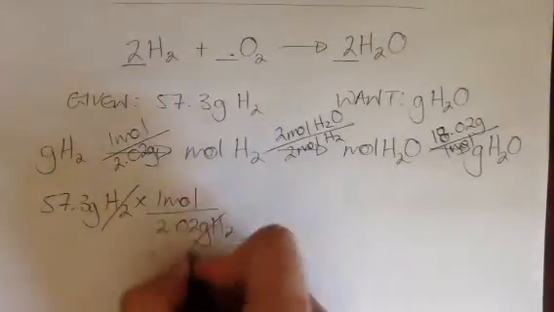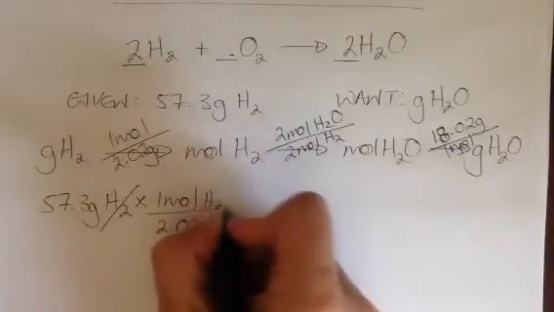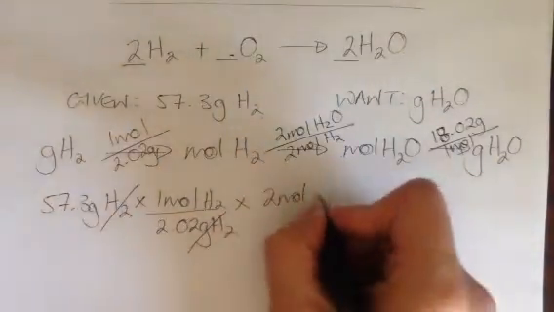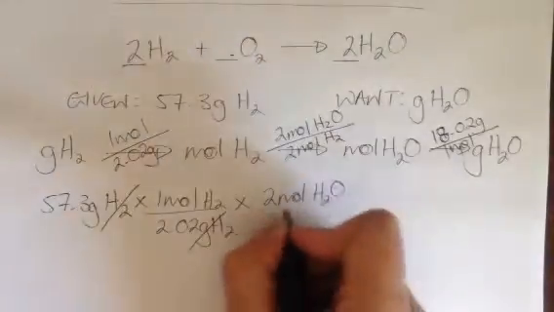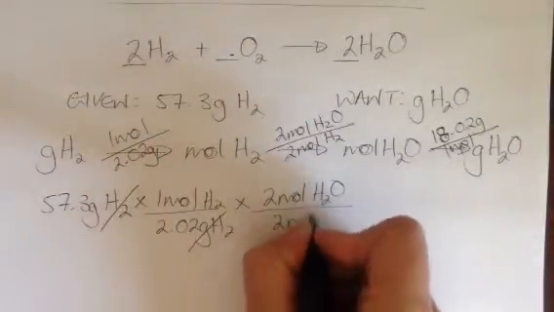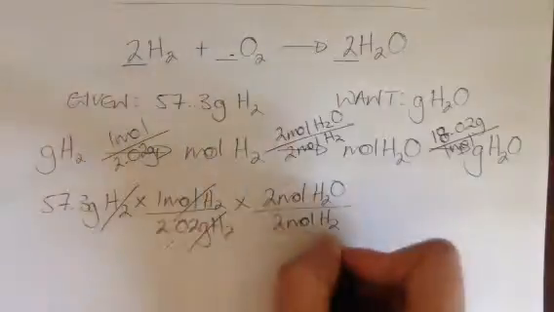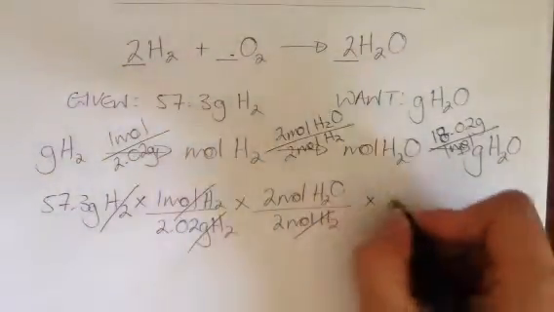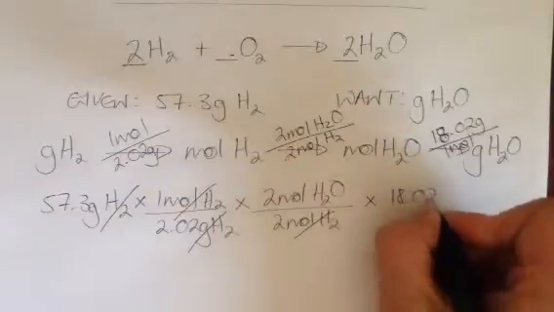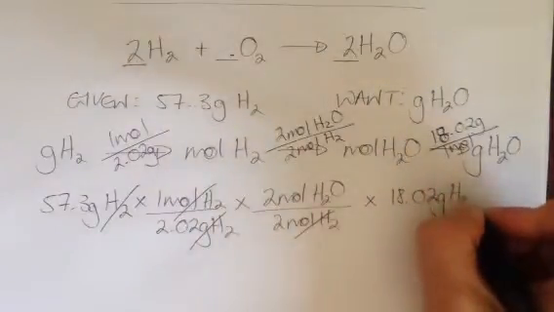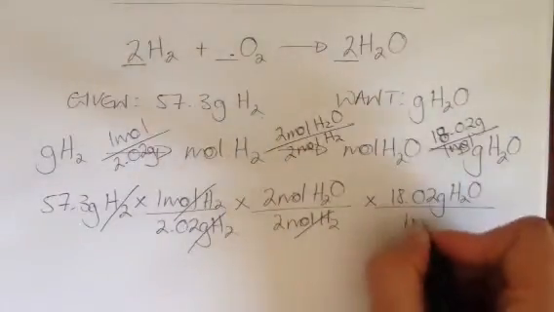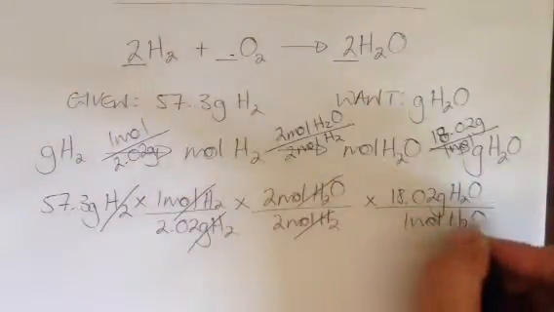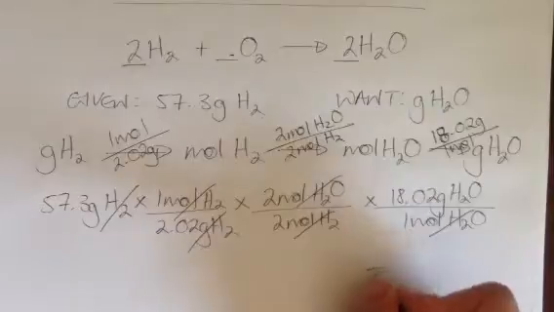So grams of hydrogen cancel, and we're left with moles of hydrogen, multiplied by 2 moles of water per 2 moles of hydrogen. Again, moles of hydrogen cancel and we're left with moles of water, multiplied by 18.02 grams of water per 1 mole of water. So moles of water cancel and we're left with grams of water.